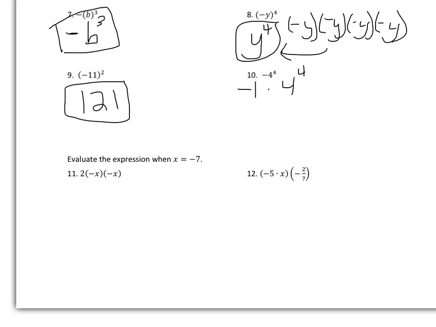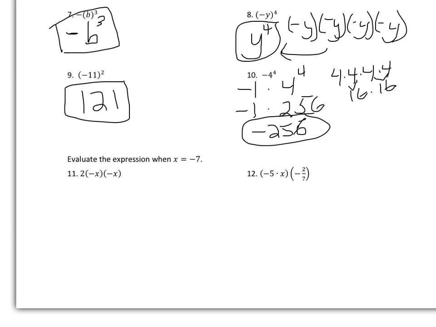Which you have 4 4s, right? You can think of it as 16 times 16, which is 256. And so your final answer is going to be a negative 256.